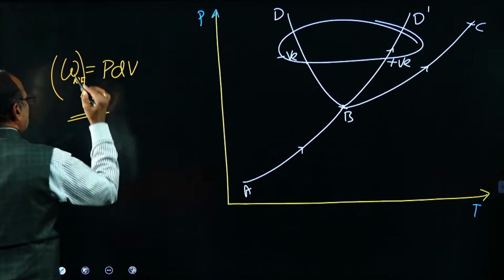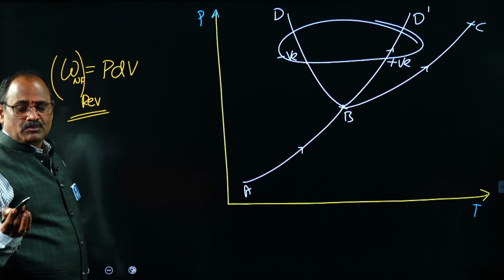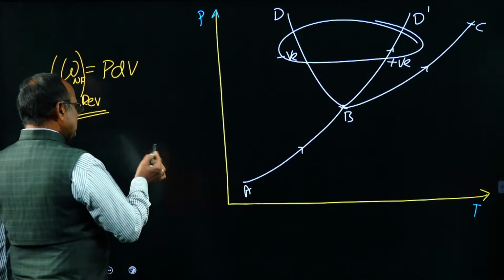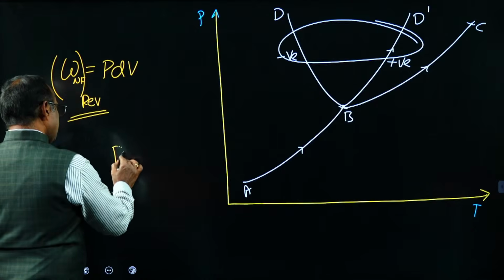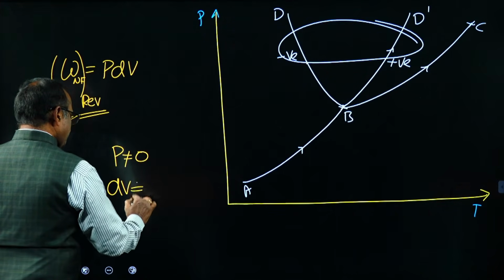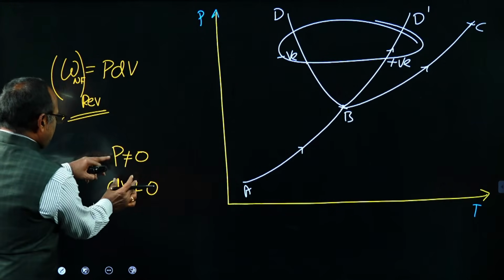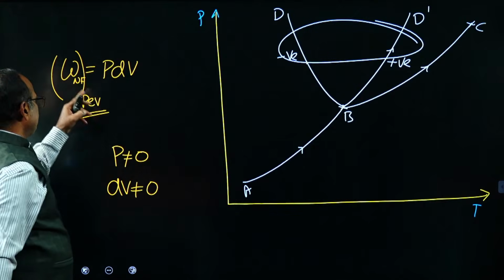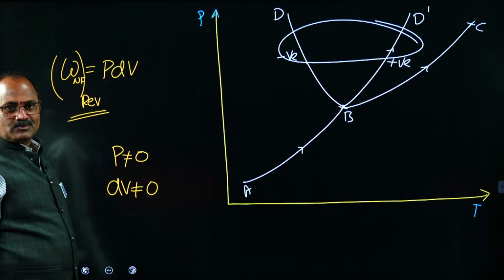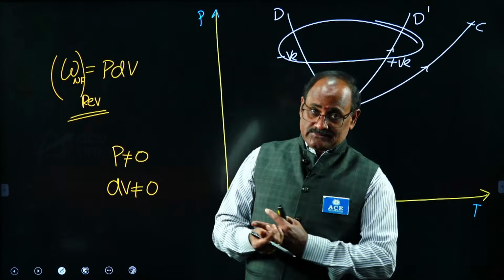You cannot use this formula for free expansion because it is an irreversible process. For free expansion, pressure is not 0 and dV is not 0, but by simply substituting these values you cannot decide the work. The thermodynamic work is 0, because in free expansion no mechanical part is moved by the gas flow.